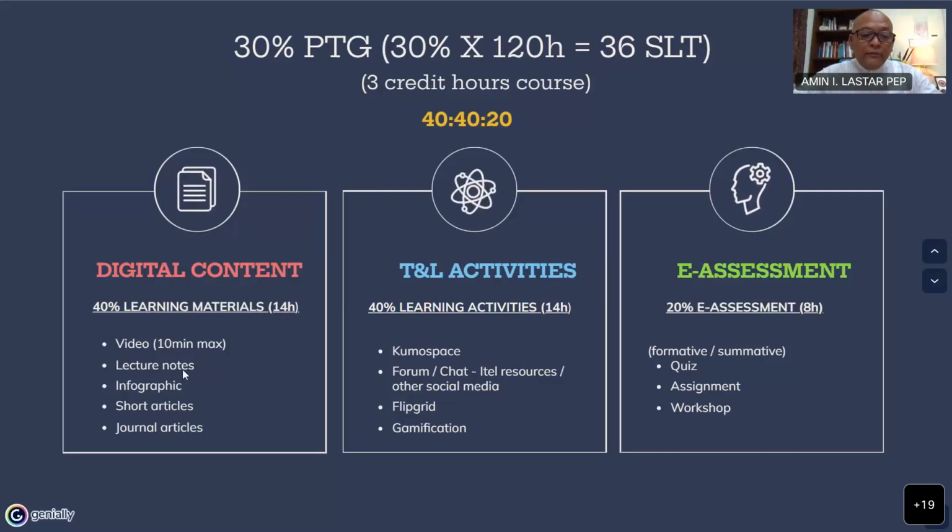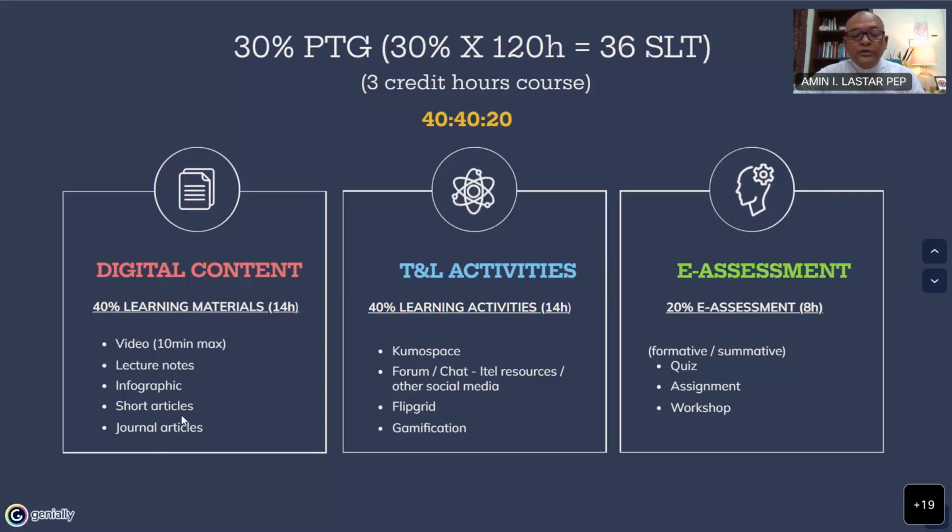Okay, besides that, we also have lecture notes. When we upload our lecture notes, there is a calculation for that as well. I'm not really sure here, but we will confirm that later. For example, 15 pages of slides is equal to 1 hour or something like that. And infographic is the best because all the information is compressed and very detailed, and we just upload it in the ITEL, and it's easier to remember.